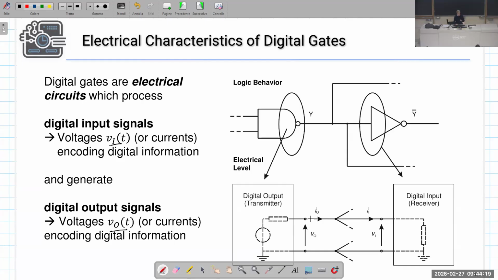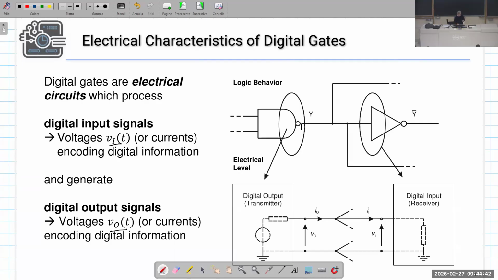Okay? What should be clear? Outputs, generators, sources, voltage sources. Inputs, loads. The voltage of the line which carries the logical signal is forced by the output of the gate. Okay?